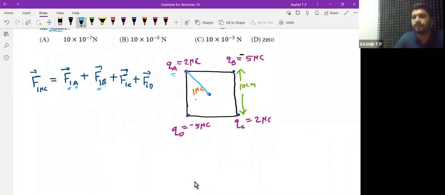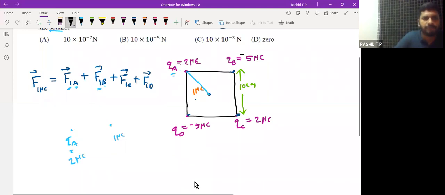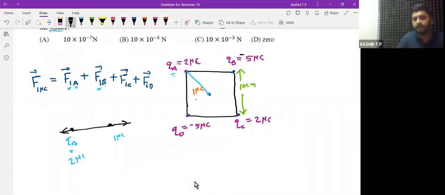Coulomb force acts along the line joining the two charges, which means if this is charge QA and this is our 1 microcoulomb charge, this one our 2 microcoulomb charge, then the force of attraction or repulsion takes place along this direction or this direction, the line connecting these two charges. Therefore, this Coulomb force F is a central force.